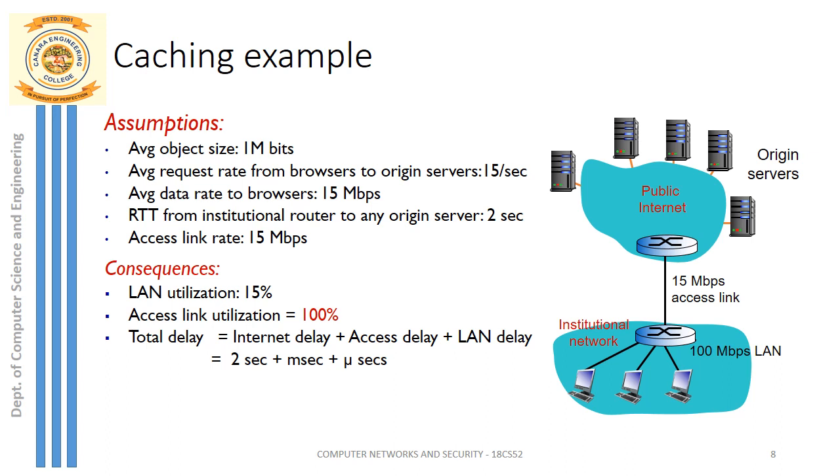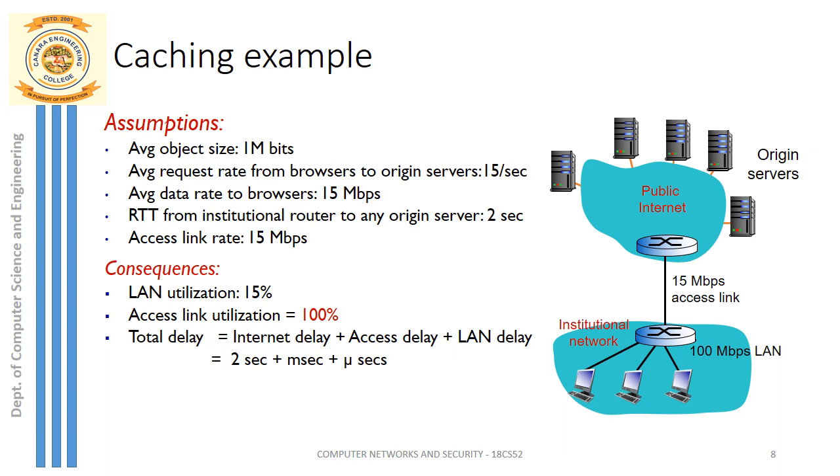So here the LAN utilization is 15%, because the LAN speed is 100 Mbps, and out of 100 Mbps, we transfer 15 megabits of objects per second.